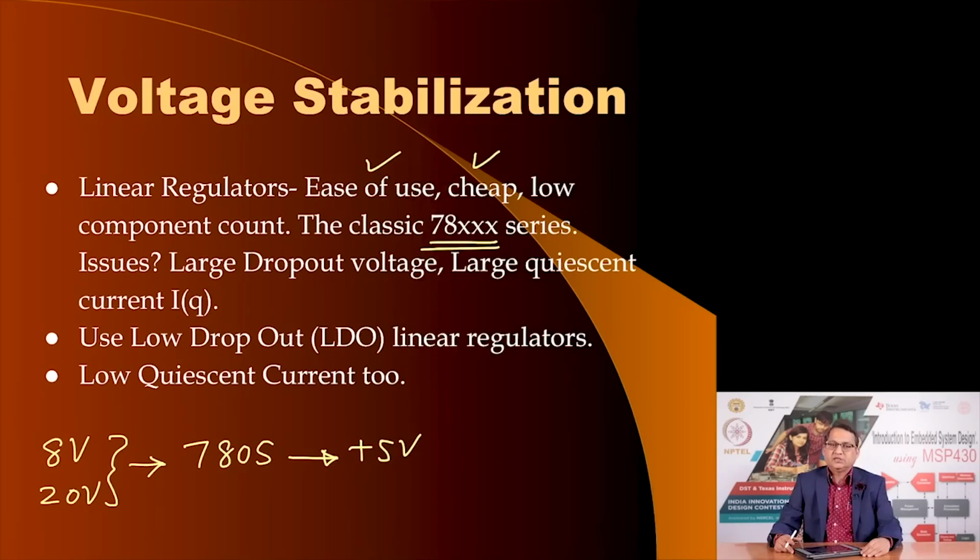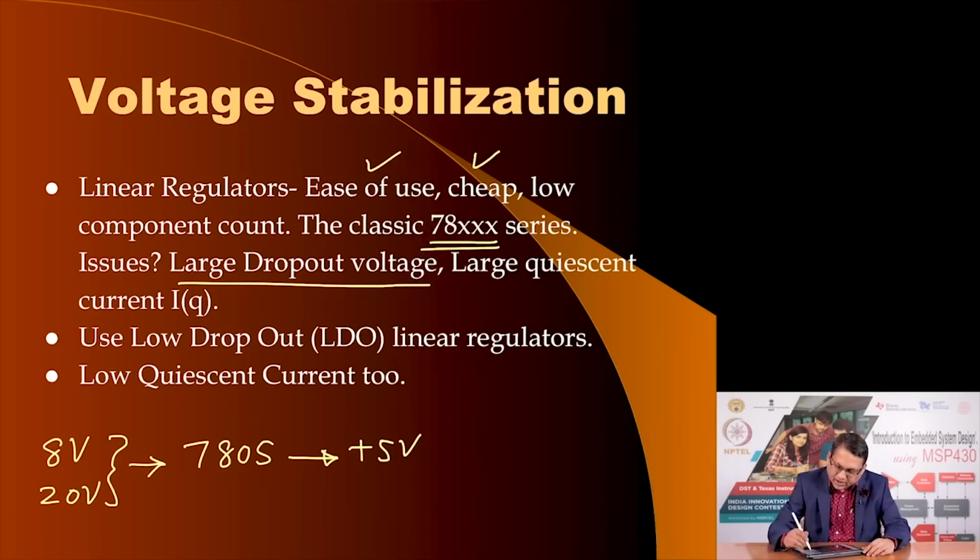Historically, this was designed in the 60s and 70s, and they were very popular at the time. But nowadays there are a lot of reasons why people are not using these anymore. One of the reasons is that they require a large dropout voltage. What is a dropout voltage?